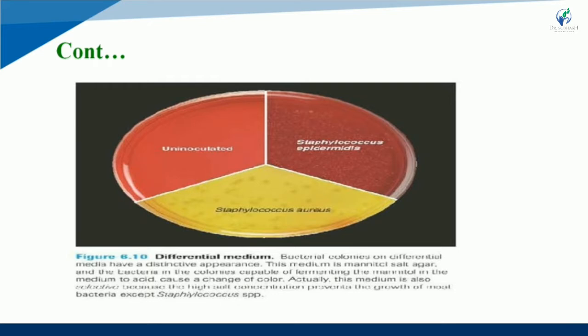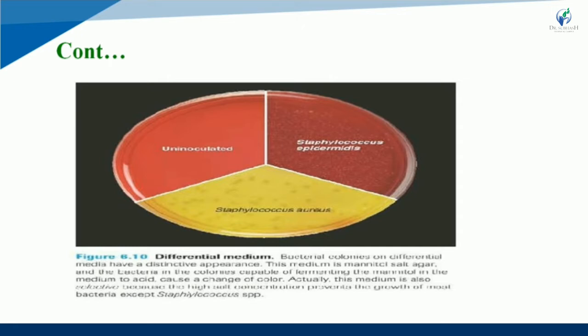First side, uninoculated medium is present. Another side, Staphylococcus epidermidis species is present, and the bottom part contains Staphylococcus aureus species. So in differential medium, bacterial colonies have a distinctive appearance.